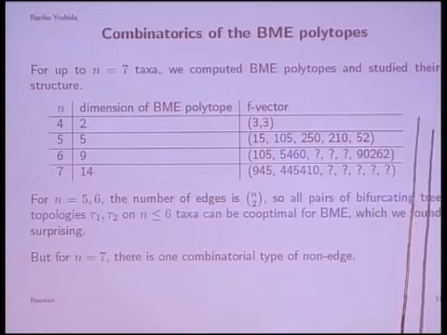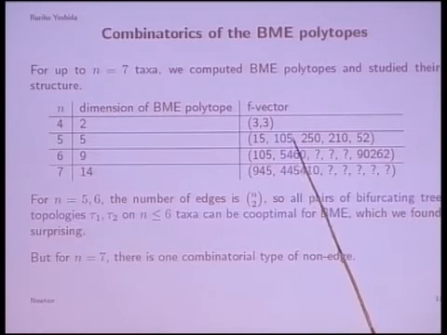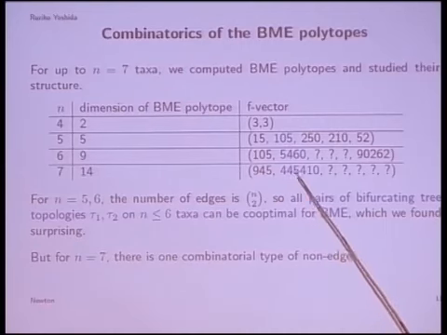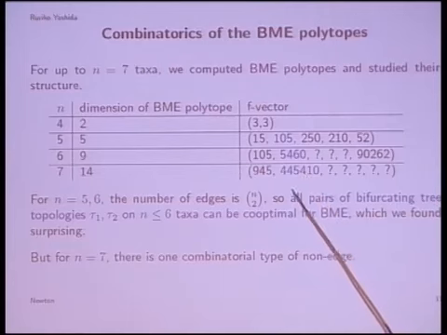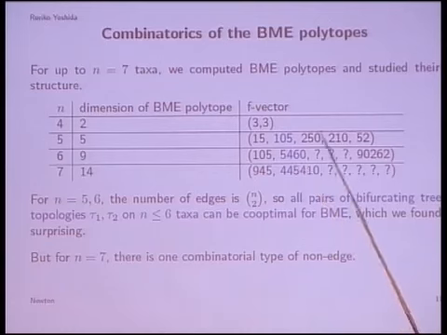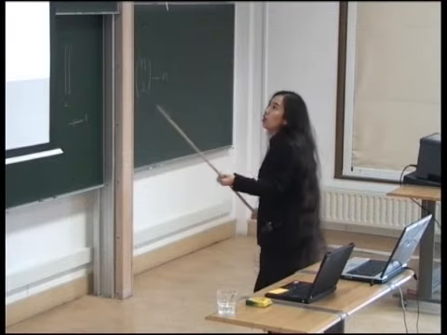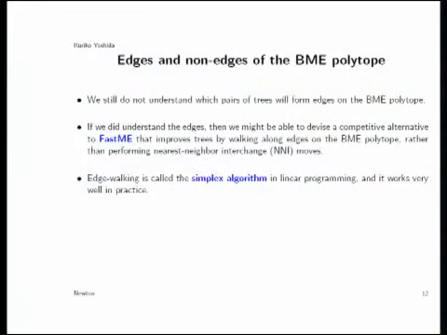So we are curious: what is a combinatorial description of edges? I mean, we can compute the BME polytope by brute force, but I would like to know the combinatorial description of edges. What do I mean by that? Edges and non-edges of the BME polytope.